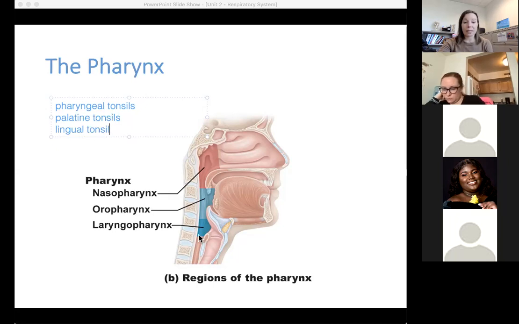The esophagus is the posterior tube, which is a passageway for food and liquid. The larynx is the anterior tube, which is a passageway for air.